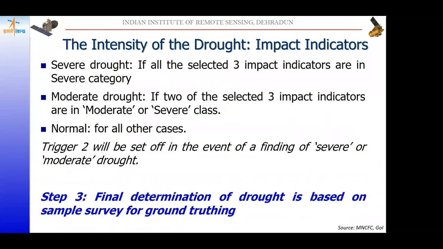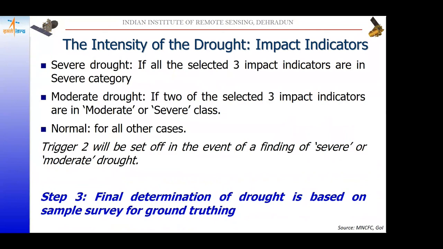So very first, when the situation is defined as severe drought, moderate drought or normal condition: if out of the impact indicators, like 3 selected impact indicators, all are in the severe category, as we defined in the previous slide, there are a total of 4 impact indicators. Out of 4 impact indicators, if 3 are classified as severe, this is a situation of severe drought.